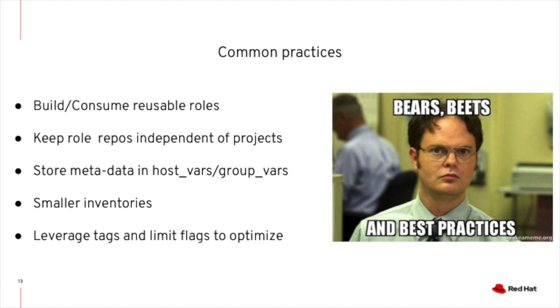Store your roles in separate repos compared to your playbook repos. Store the metadata in group vars and host vars. Use smaller inventories, and leverage limits and tags. These are probably common things that, as users of Ansible, you're already familiar with or already using, but these are some best practices that will help improve your playbook's execution as well.